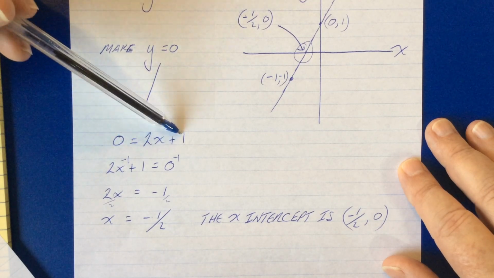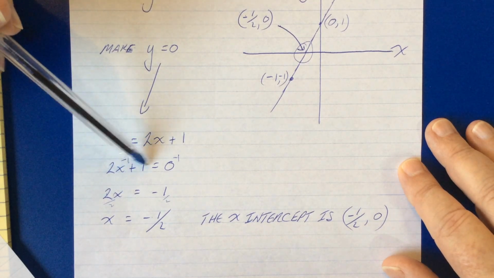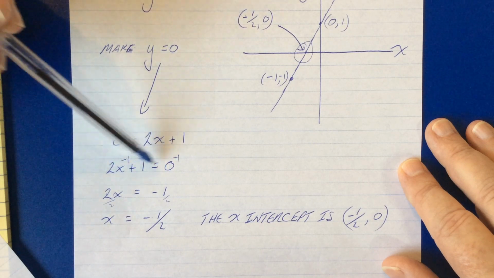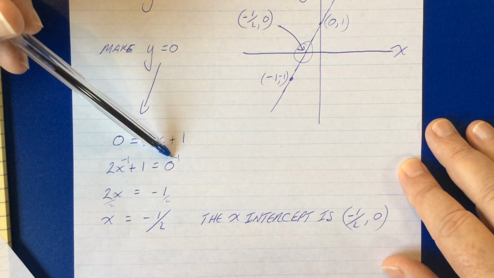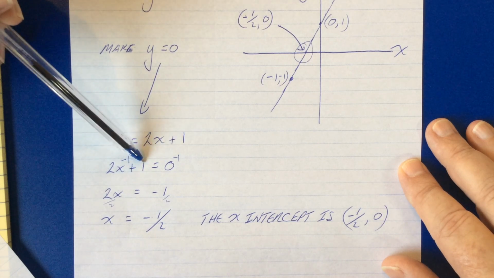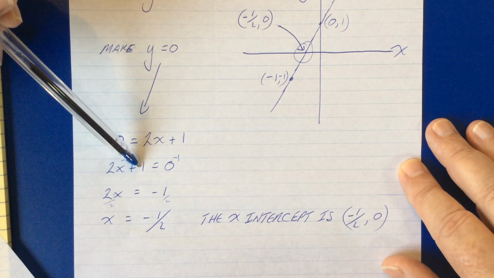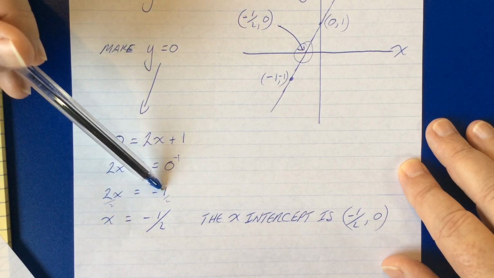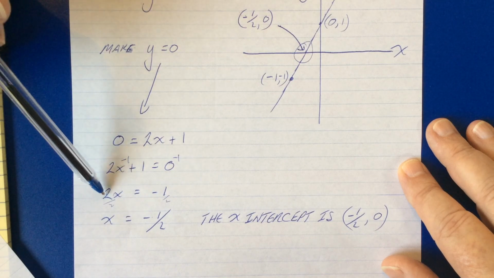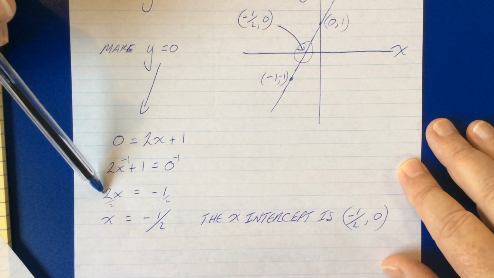0 equals 2x plus 1. Now, I like to write it the other way around. I like to work from left to right. And the first thing I do is I subtract 1 from each side so that this 1 disappears. And what I get is 2x equals negative 1. And the next thing I want to do is get rid of the 2.